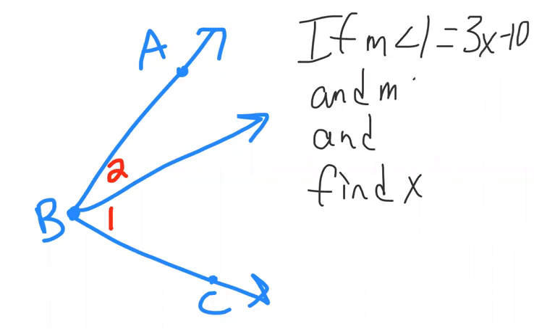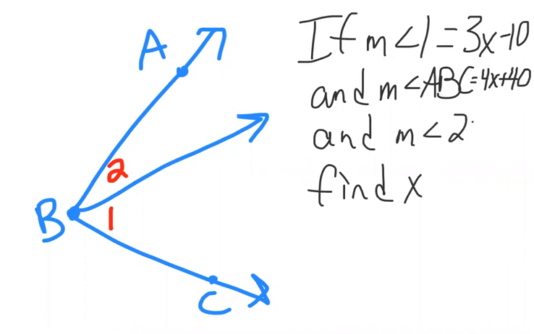And the measure of angle ABC, let's make that 4x plus 40. If I could fit 40 in there, of course I can't. Hold on, I'll squeeze it in there. 4x plus 40. There we go. And the measure of angle 2 is, I don't know. I'm just making numbers up here, so I have no idea if this will come out nice or not. Let's go with that.